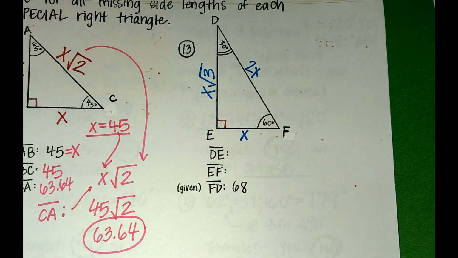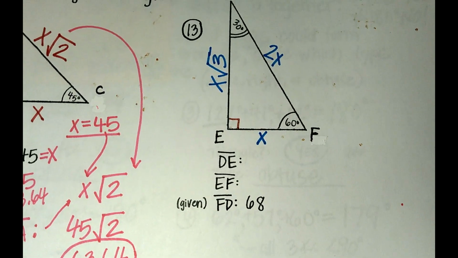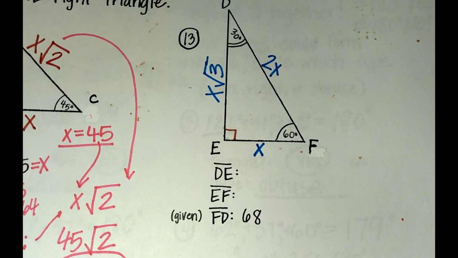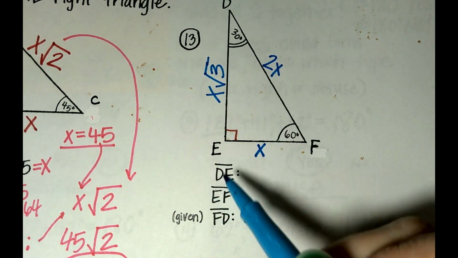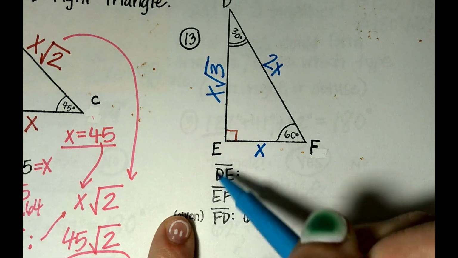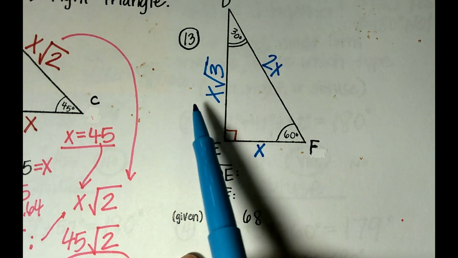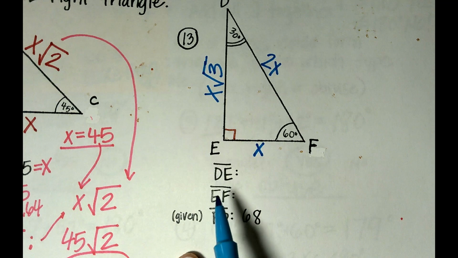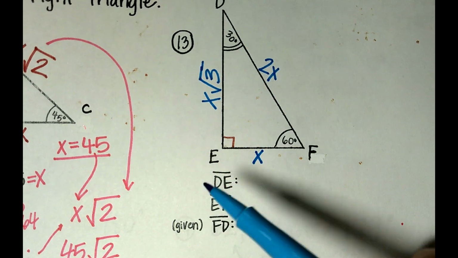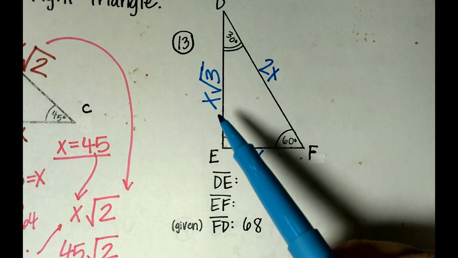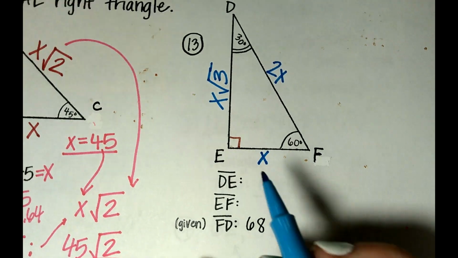Okay, so we have that. And let's go ahead and label our lengths down here with the X values that we know. So from D to E, what x value did we write? X radical 3.